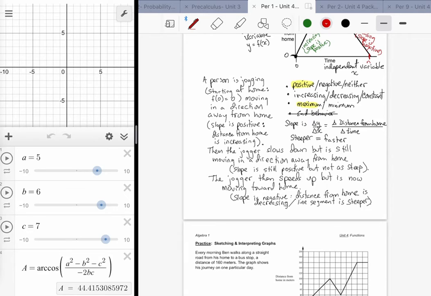It's some unknown amount of time later. So the jogger arrives home n minutes later. And we would justify that by saying that f of n is equal to 0.